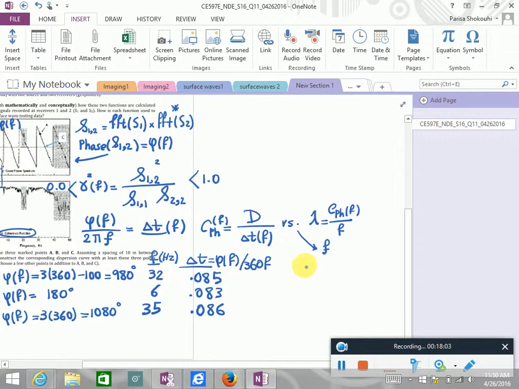Okay, the phase velocity corresponding to each point would be just 10 meter divided by this delta t. And then if you do that, you get different numbers.